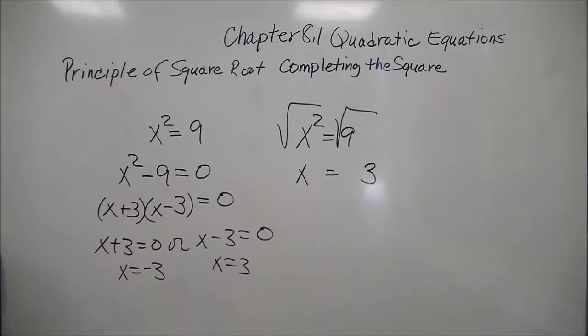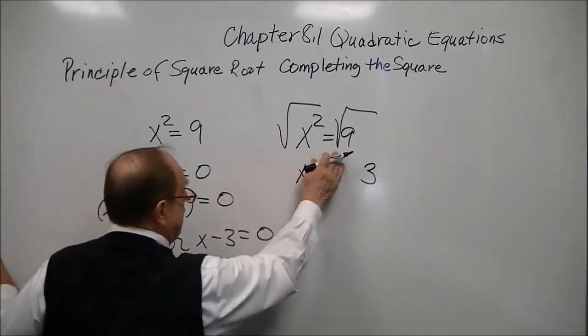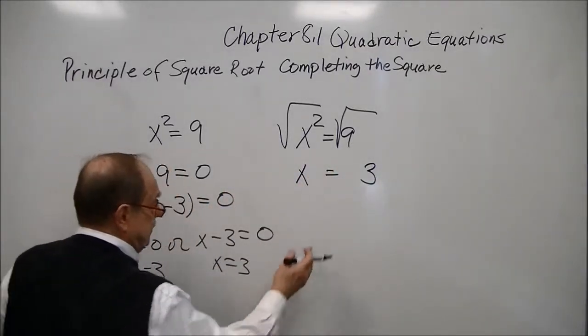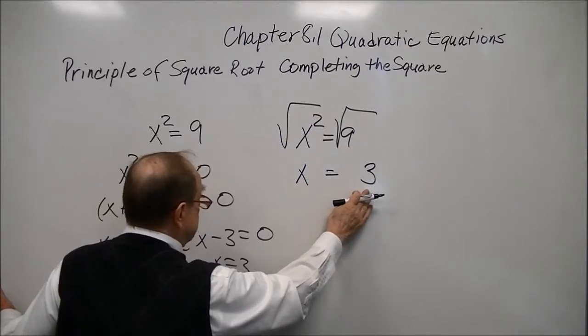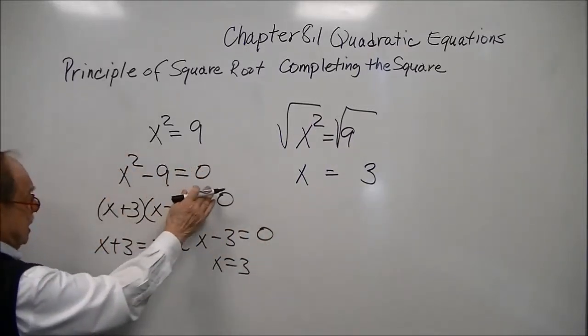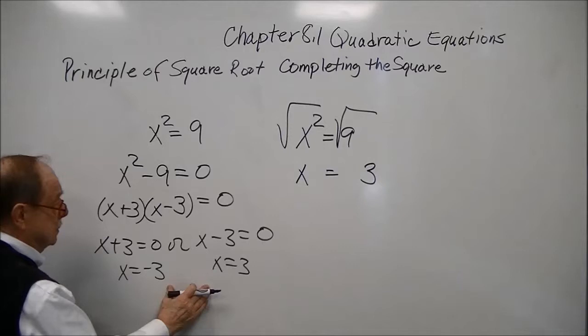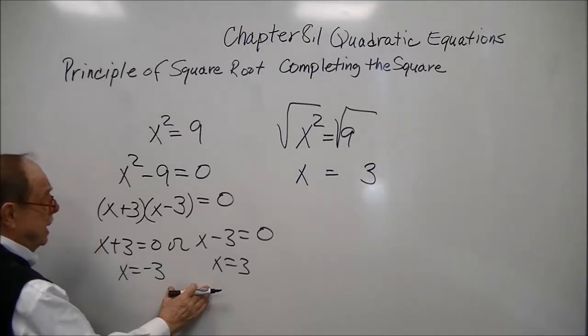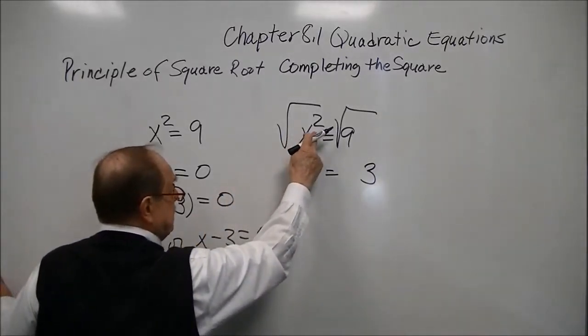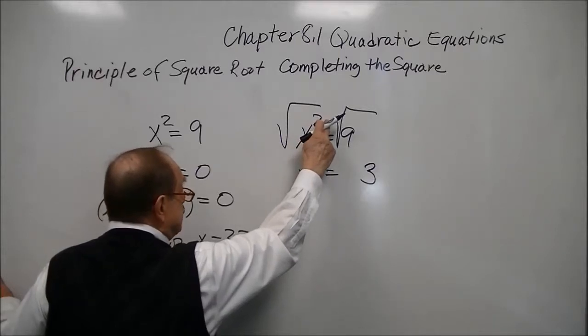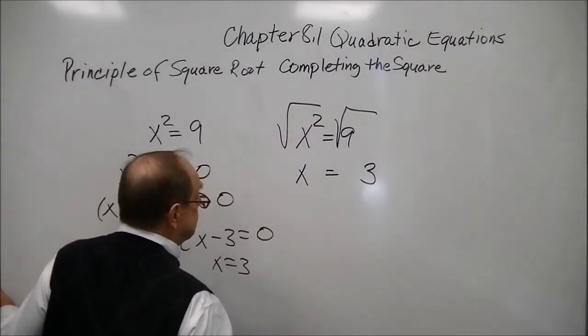Now notice, in doing it this way, how many answers do we get? Well, we only got one. If we did it the factoring way, we got 2. Since this is an equation to the second degree, we need 2 solutions.